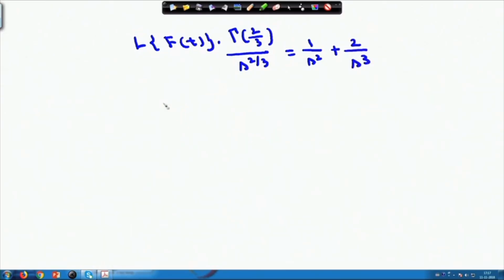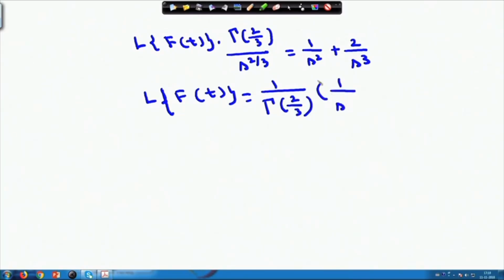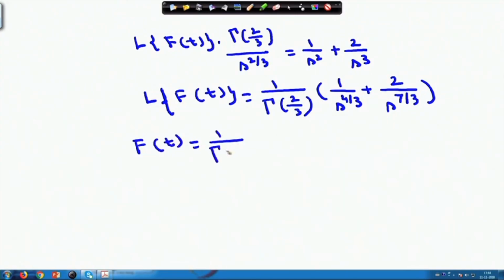And this means Laplace transform of f t equals, you can now write down 1 by gamma 2 by 3, this will come on this side, this gamma function, and this term will become 1 by s to the power 4 by 3 plus 2 by s to the power 7 by 3.